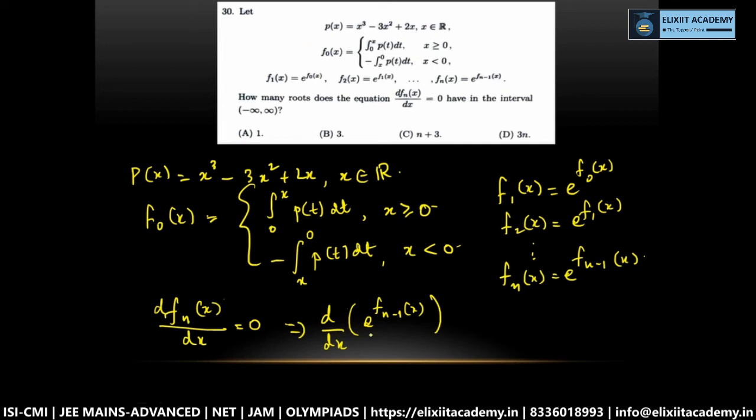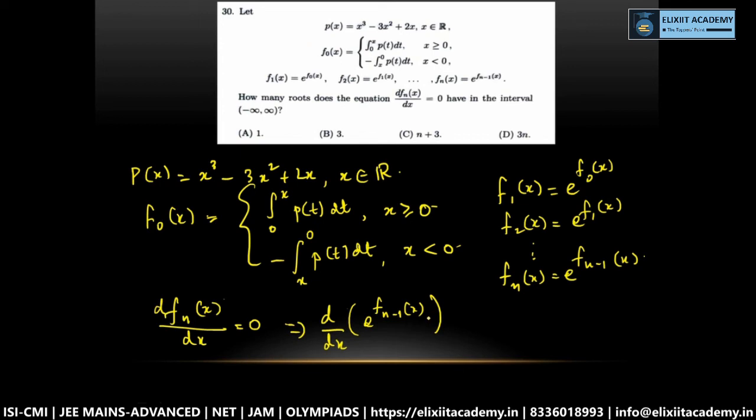If you find the derivative of this, e to the power anything remains e to the power that thing only, so it is e to the power fn minus 1x multiplied by the derivative of fn minus 1x, which is fn minus 2.